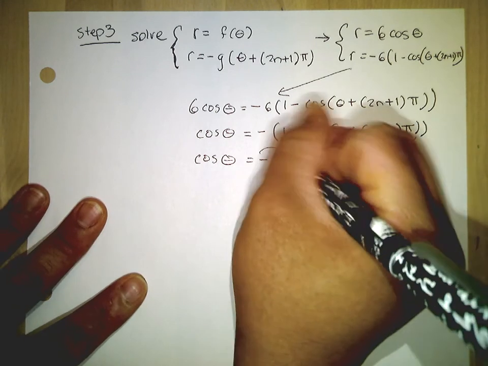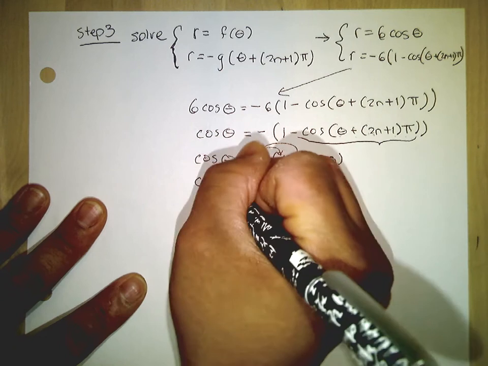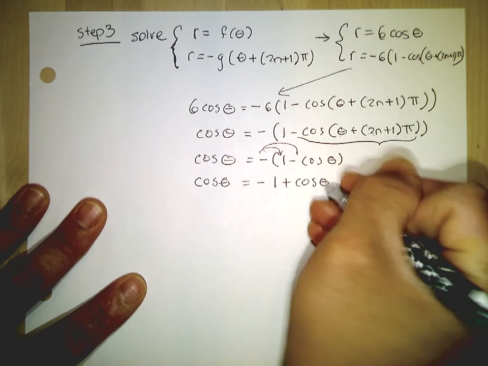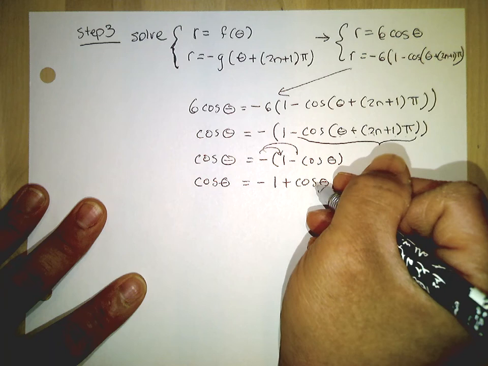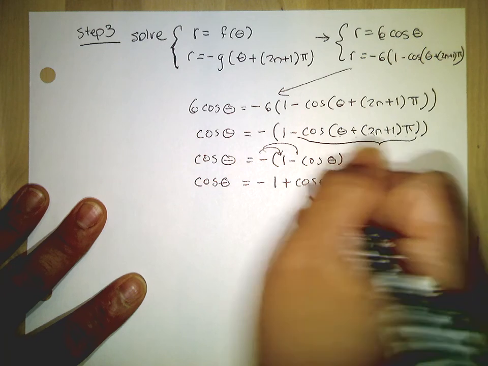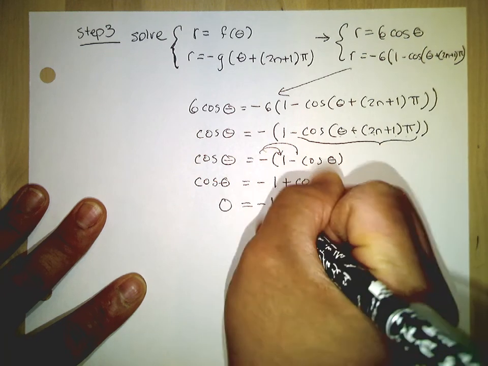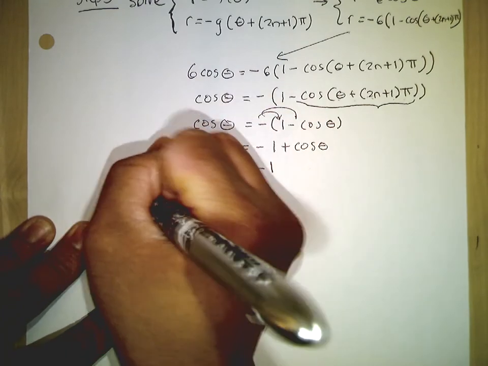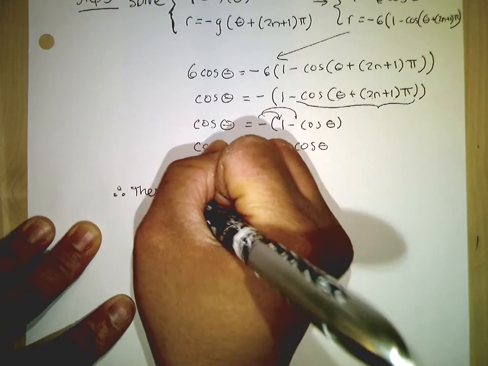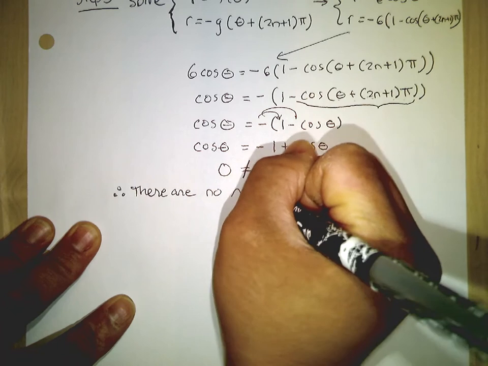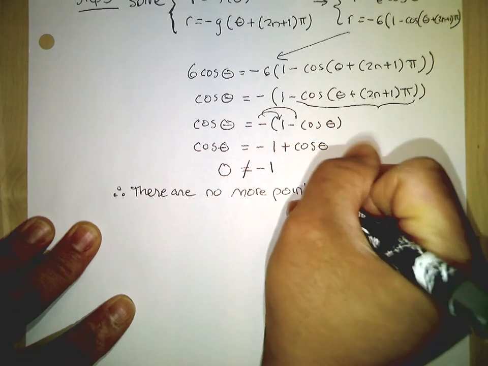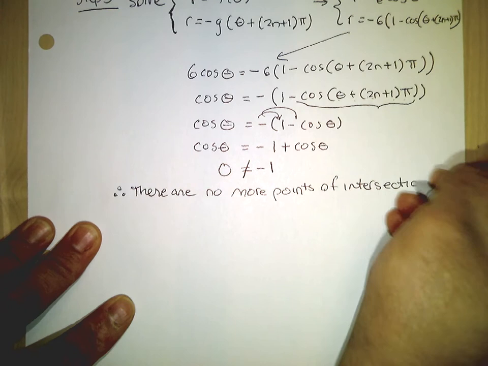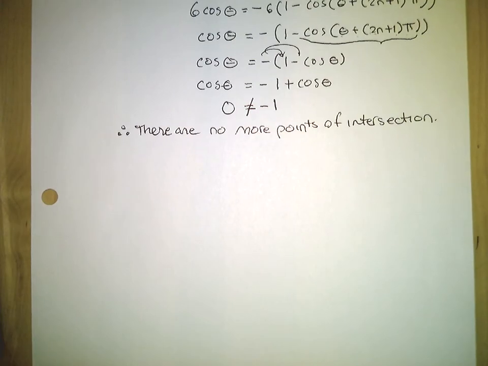Then I'll distribute this negative here. So cosine of theta equals the opposite of 1 plus cosine of theta. Subtract the cosine of theta, so we get 0 equals 1, but 0 does not equal 1, so that means therefore there are no more points of intersection. All right, so what a time to be alive.